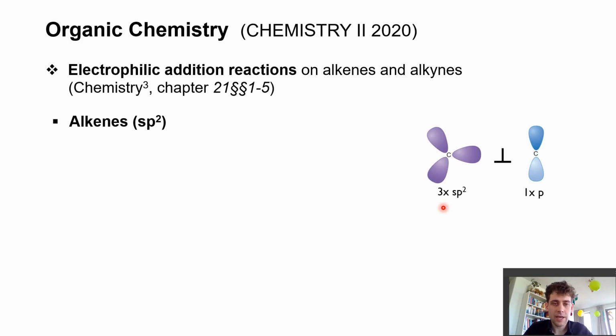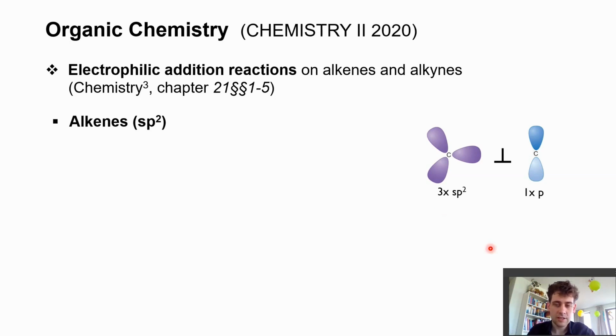So, as I've said, first things first, we need to focus on the physical chemical properties of alkenes and alkynes, and what makes them special and what is their specialty. As you know, alkenes are made up of two sp2 hybridized carbon atoms. What does that mean?